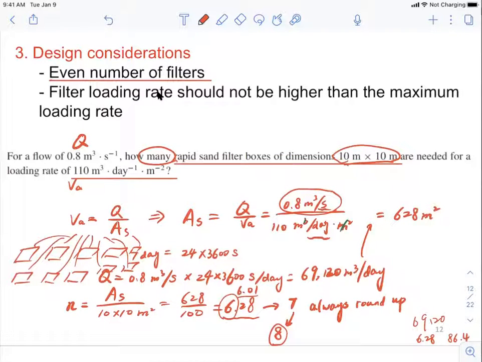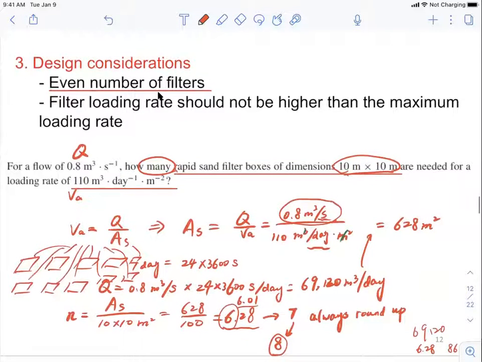If you think back, we discussed the sedimentation basin, right? It's basically using the same set of equations. So V_A is equal to Q divided by the area of the sedimentation basin, right? This is for sedimentation.